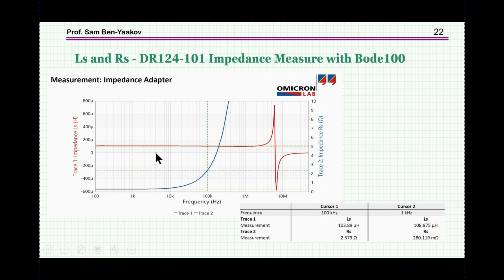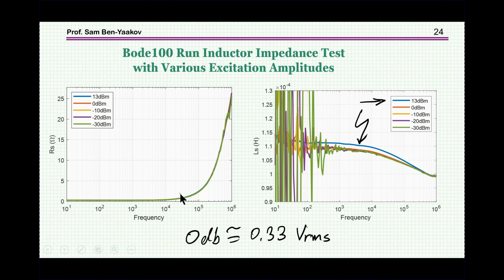So just to make sure that in this case we are really looking at the copper losses and the effect of the frequency on the copper resistance due to the skin effect, we have run this analysis a number of times with different magnitude.